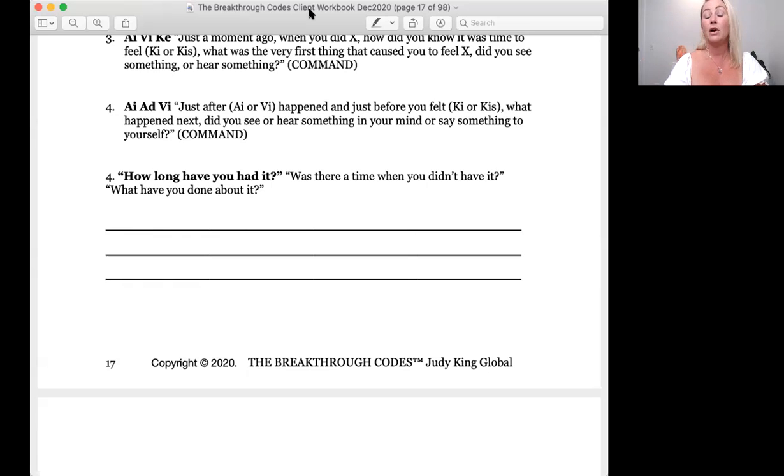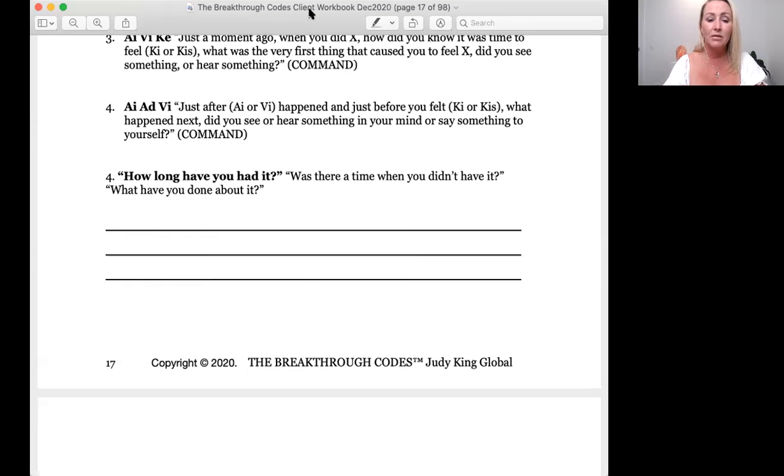Now, at this point, they're profoundly aware of what the greater problem is and how long they've had it, and what happened the first time it started. And so now they're becoming more and more aware. The awareness is just continuing to expand, and the dots are starting to be brought together.